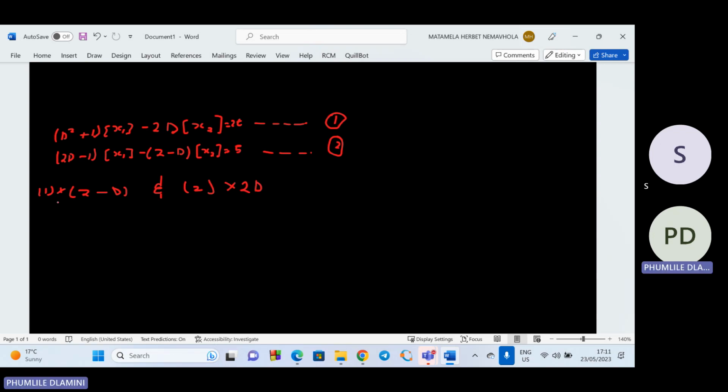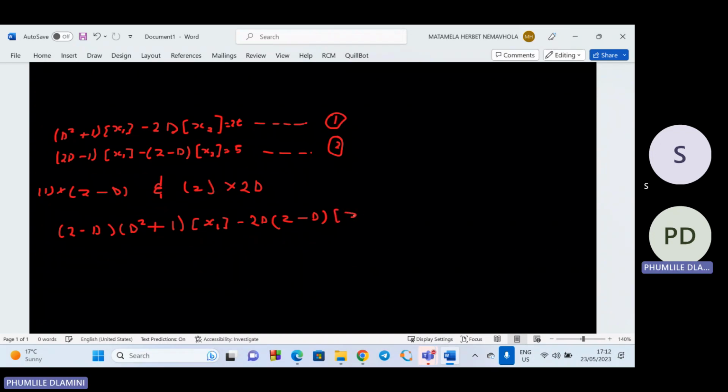So in order for us to do that, when we multiply equation 2 with 2d, we're going to have 2d, d squared plus 1. This is x1, minus 2d, and then 2 minus d again.